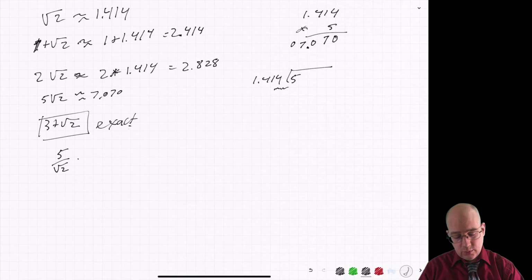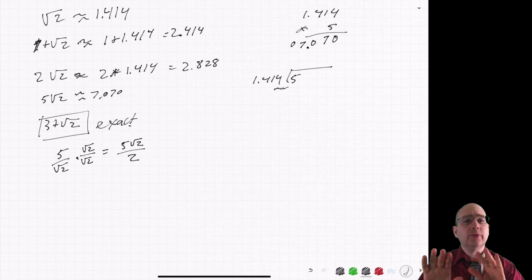So what we typically do is multiply by the root, top and bottom, so we're just multiplying by 1, not changing anything. And we end up with 5 root 2 over 2.